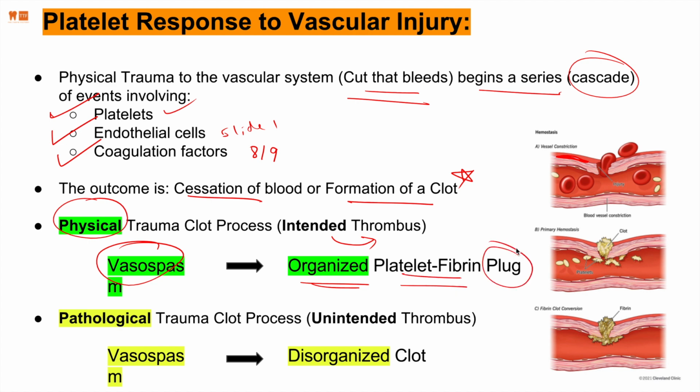The body wants to resolve the situation, creates a plug made with platelets and fibrins. Once they're made, bleeding stops. But whenever pathology is involved, a trauma clot process is unintended. Therefore, vasospasm does happen, but the clot is very disorganized. And how? We will learn.